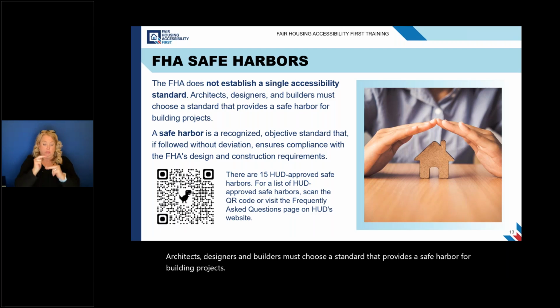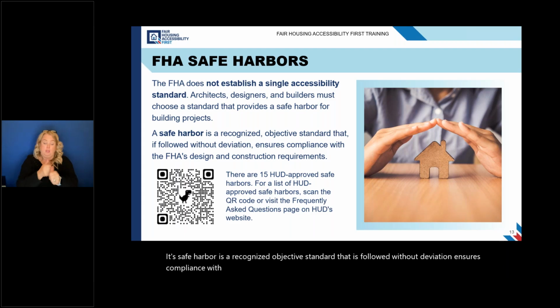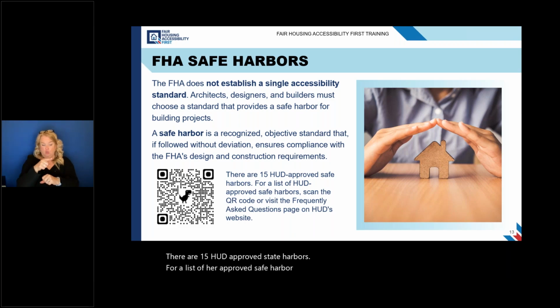A safe harbor is a recognized objective standard that, if followed without deviation, ensures compliance with the FHA's design and construction requirements. There are 15 HUD-approved safe harbors. For a list of HUD-approved safe harbors, scan the QR code or visit the Frequently Asked Questions page on HUD's website.